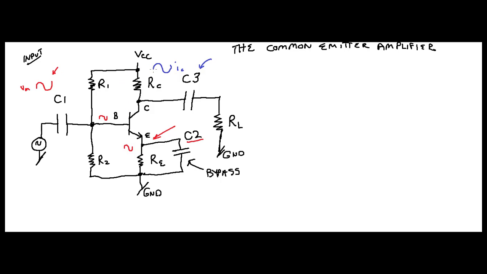Here's your current, we just drew the current. If your current is increasing, we're going to say that this voltage here, let me change that so it's the right color, that voltage is going to decrease.